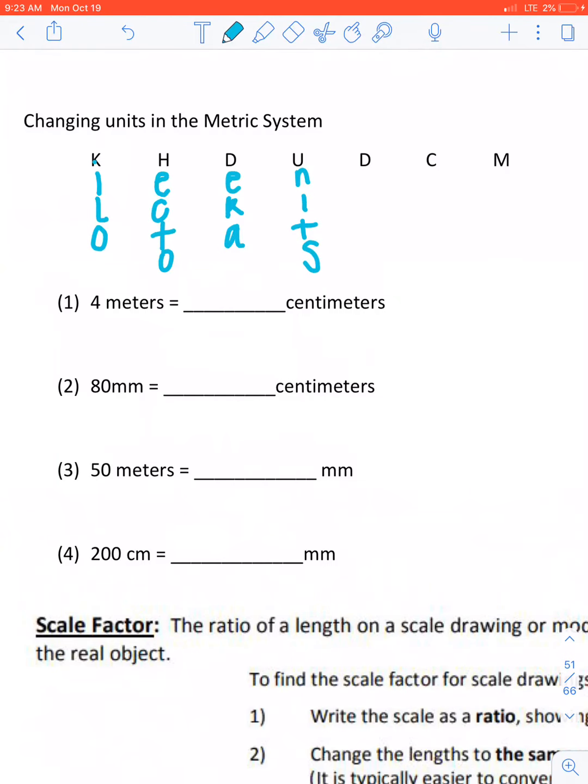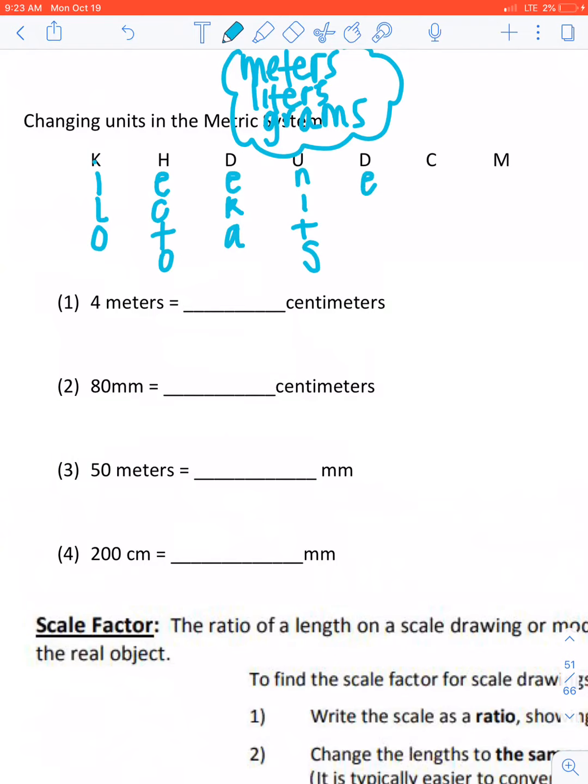So units would be like meters, liters, and grams. That would be all of the units in the metric system. Meters, liters, and grams. That's your U. Deci is the second D. Centi would be your C, and milli would be your M, millimeters, milliliters.